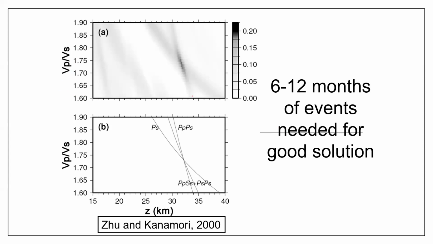On the x-axis you have the value of H, varying from 15 to 40 kilometers, and Vp/Vs is varying from 1.6 to 1.9, and the solution that you are getting lies somewhere here. The associated values of H and Vp/Vs will be called the reliable solution for this particular station where the data has been recorded.